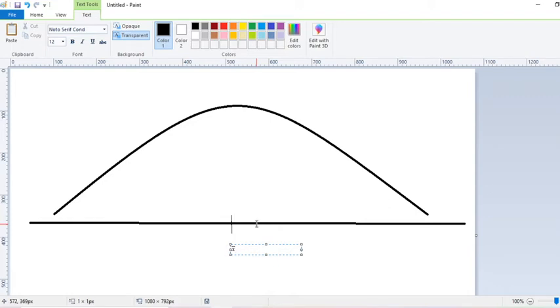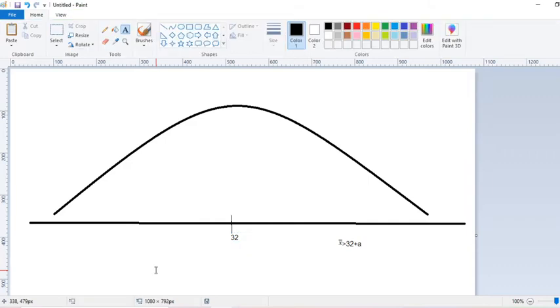So x bar greater than 32 plus a will be somewhere here.